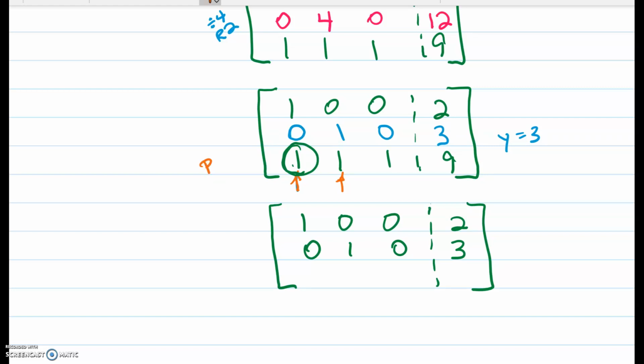I can take row 1 minus row 3, and I can replace row 3. Okay, so if I do that, 1 minus 1 is 0. 0 minus 1 is negative 1. 0 minus 1 is negative 1. 2 minus 9 is negative 7.